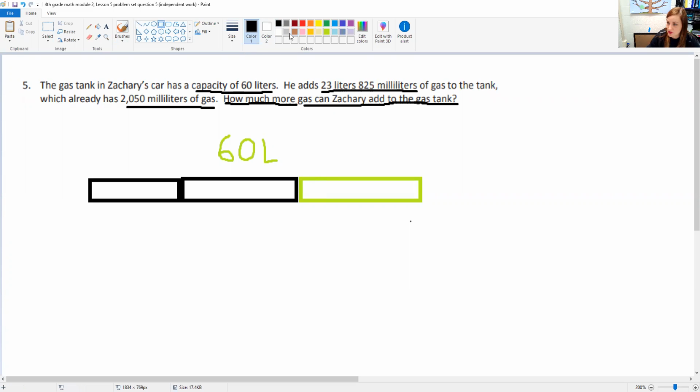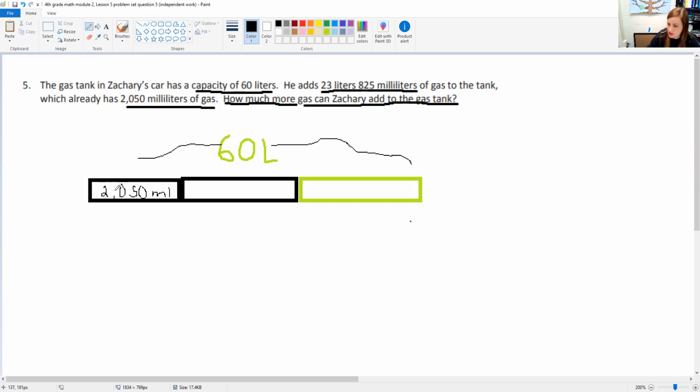All right. So we know that his whole gas tank is 60 liters. And right now it already had 2,050 milliliters of gas, right? We also know that he added 23 liters, 825 milliliters of gas to the tank.